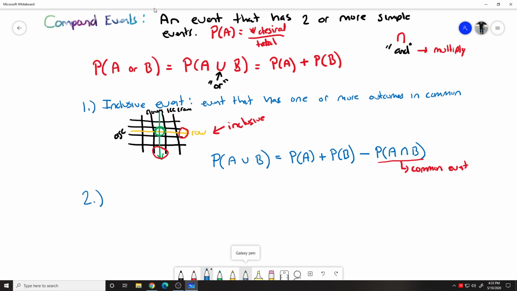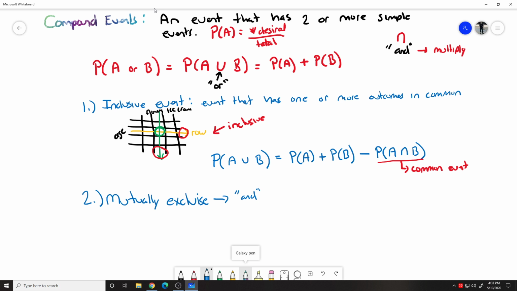The second thing under compound events that might happen is you might have mutually exclusive events. Now these only happen when we use the word and. They don't happen when we ask the word or. Now these are easy to pick out as well.